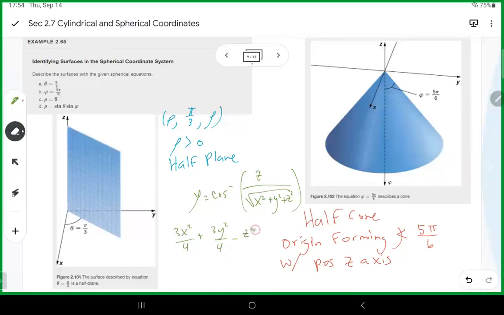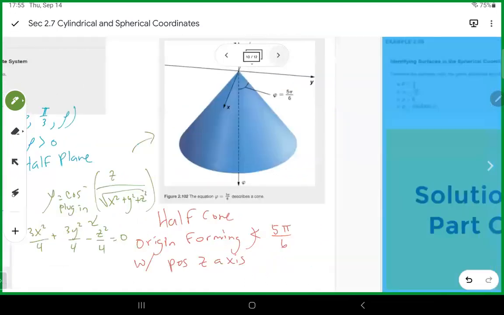So plug everything in and you should end up with that. And that would help you towards what you're looking for, which is this ultimately.